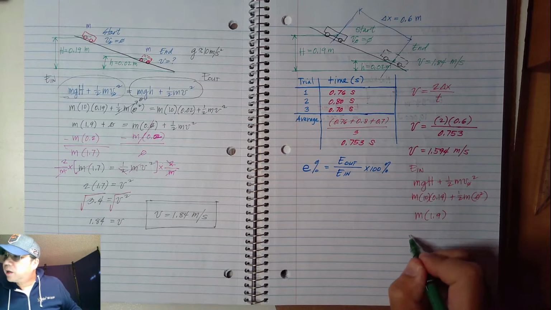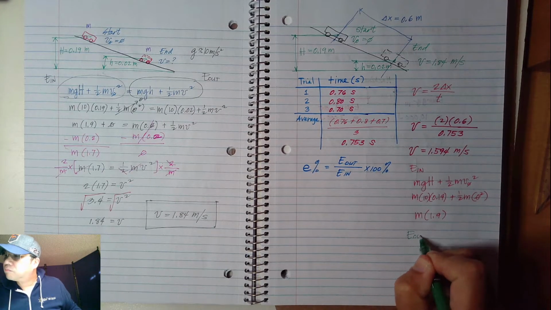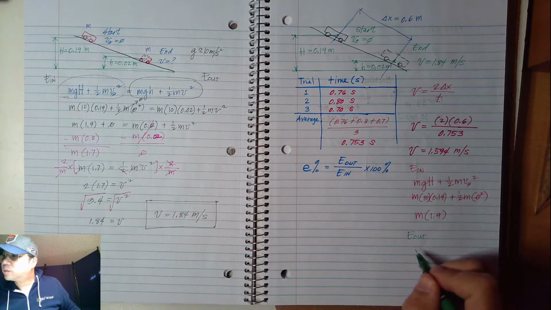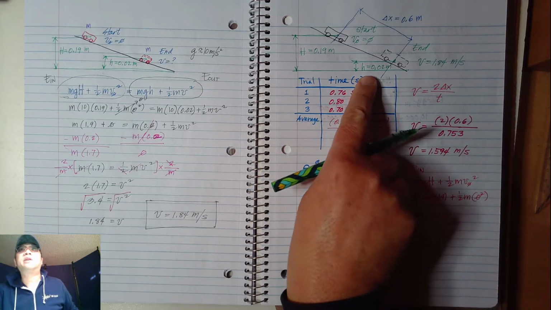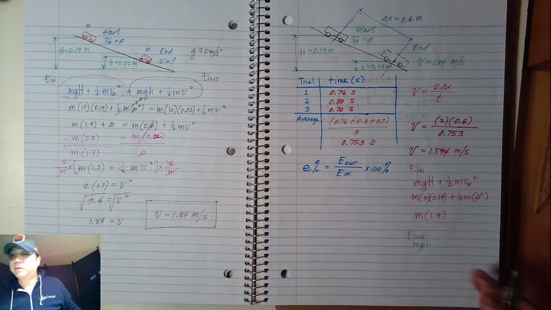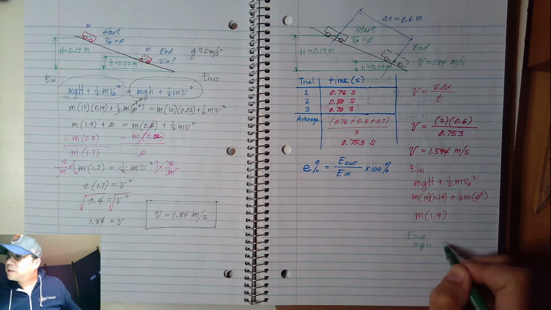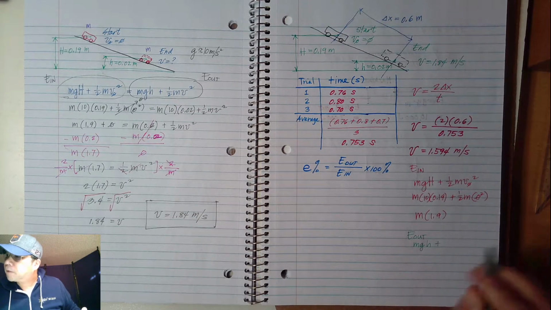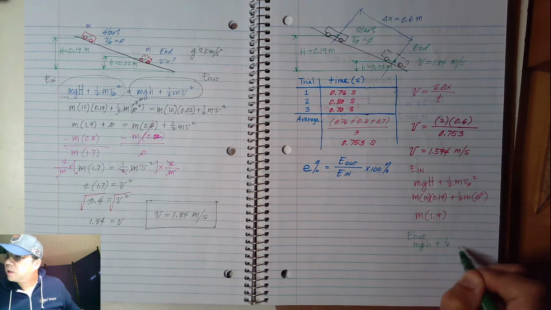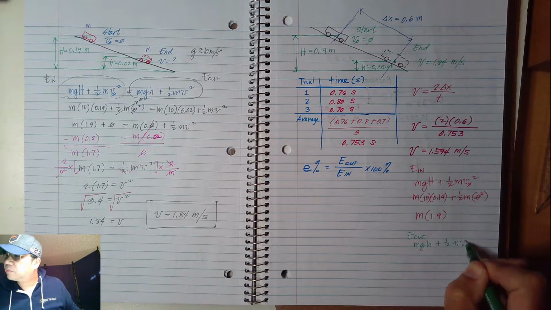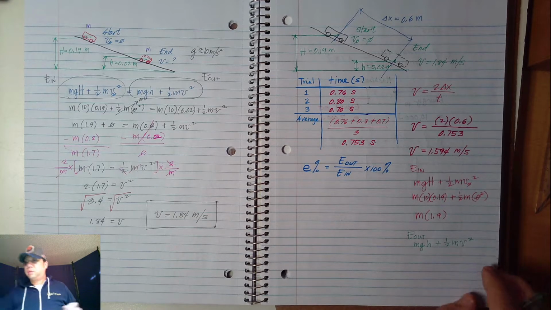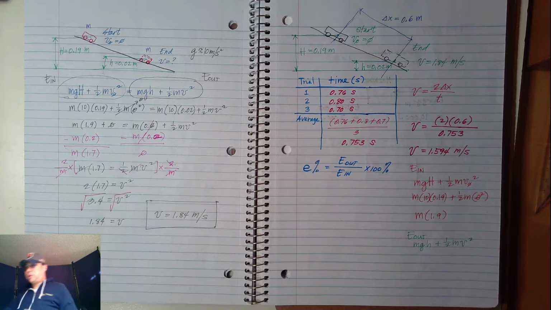Now, using a different color, how about our energy out? Same equation, mgh, but this time instead of using the uppercase H, let's use the lowercase h of 0.02, plus 1/2 m v squared.